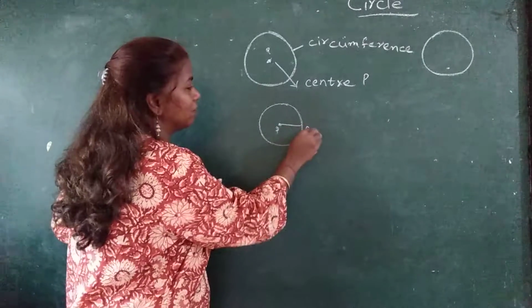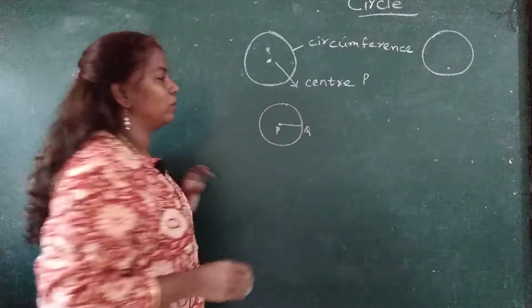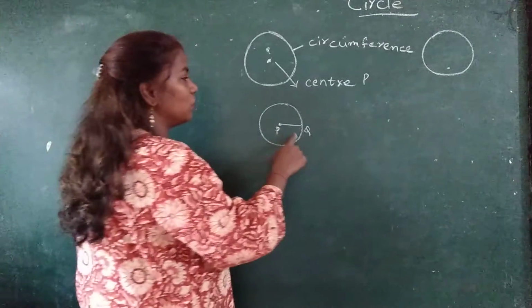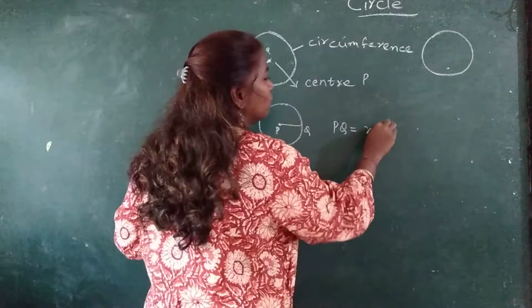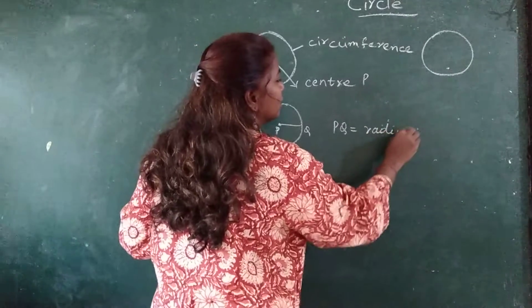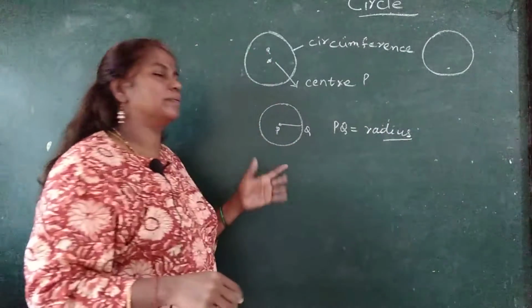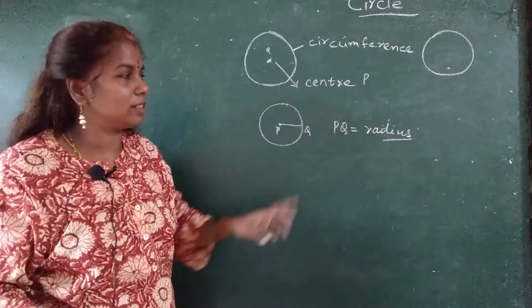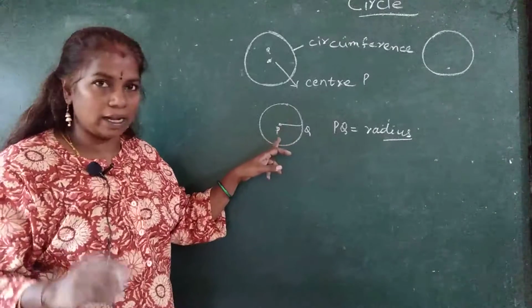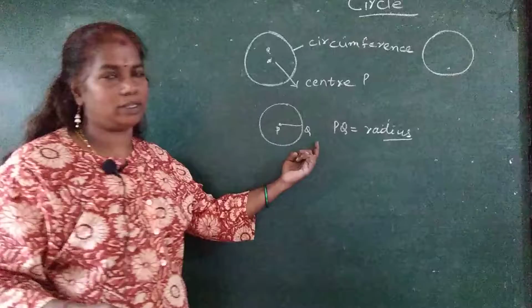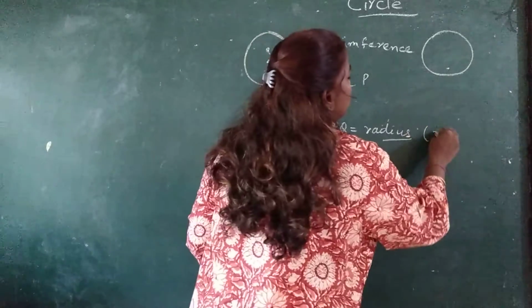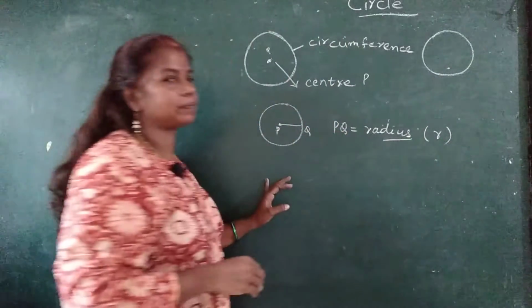Suppose I put it as PQ. Okay. So PQ is called what? Radius. What is radius? Radius is a line drawn from the center of a circle to the circumference. The short form is R.